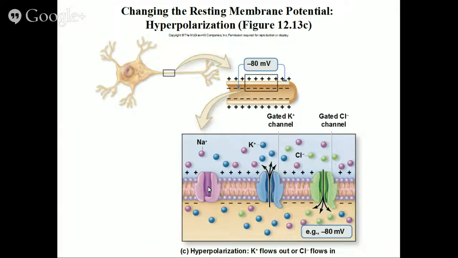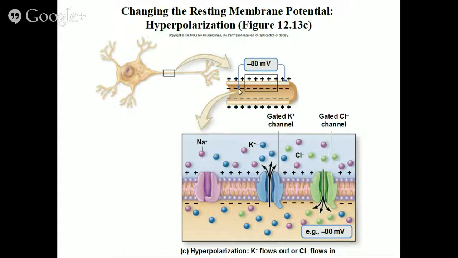This is how the cell resets itself. It says, okay, I did all that to get an action potential. I got what I wanted. So now I need to reset myself. I need to recock the gun. I need to pull back on the string. I need to get myself set up so that I can do this all over again. And the only way to get everything straight so that I can do what I just did all over again is make myself more negative again. And you can see here where it has a negative 80.